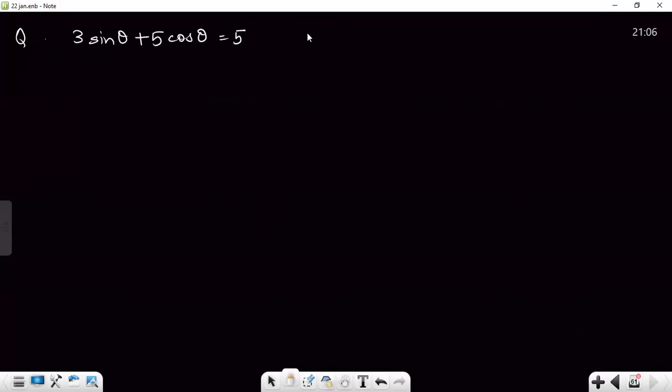It is given as equal to 5. And you have to find out 5 of sine theta minus 3 of cos theta plus 1. Amazing. Try solving this question.